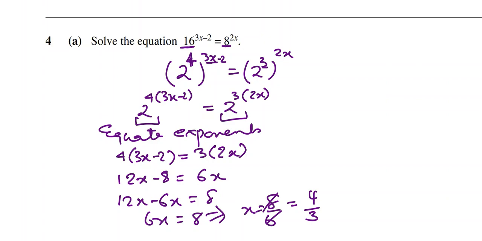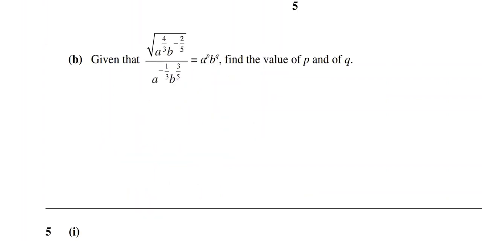We solve the equation. Given that this can be expressed as a to the power p and b to the power q, find the values of p and q. Alright, so let's simplify. This is square root. We know that this can be written as a to the power 4 third times b to the power minus 2 fifth, and to the power half.